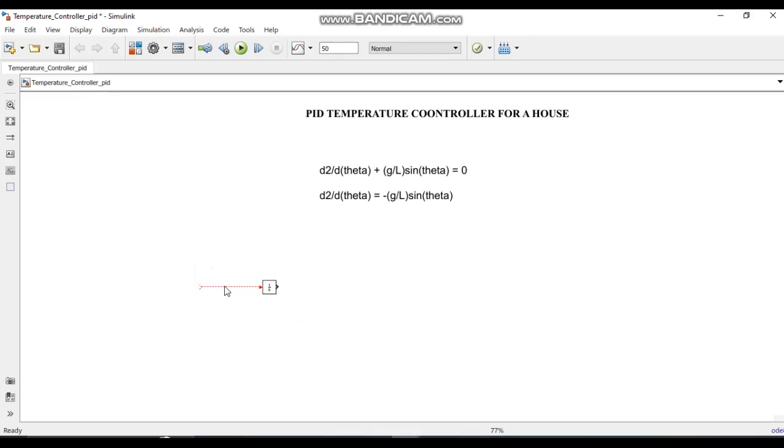But this time we are starting with what? I want to put a block name. Where is your block name? Okay, so d squared theta over dt squared. Let me use an annotation so you guys can see.